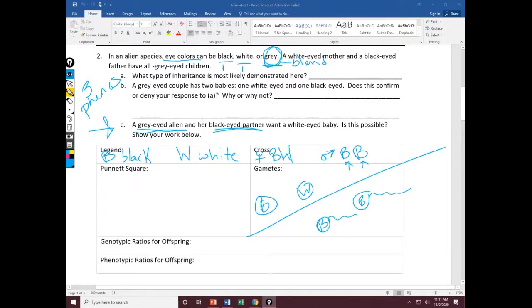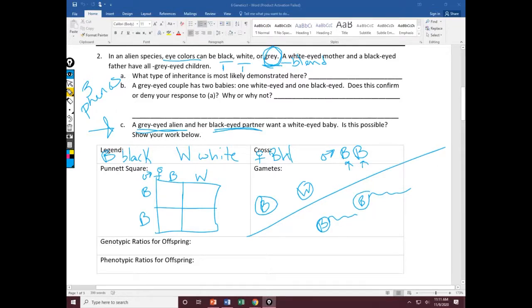All right, let's make up a Punnett square. Remember, we always put the ladies across the top, males along the side, and above or next to each box we always put one gamete. There's my Punnett square. Then we do fertilization to make our potential babies.